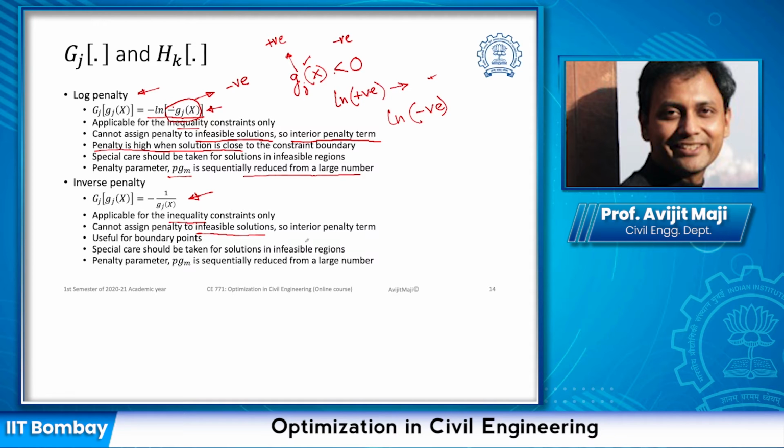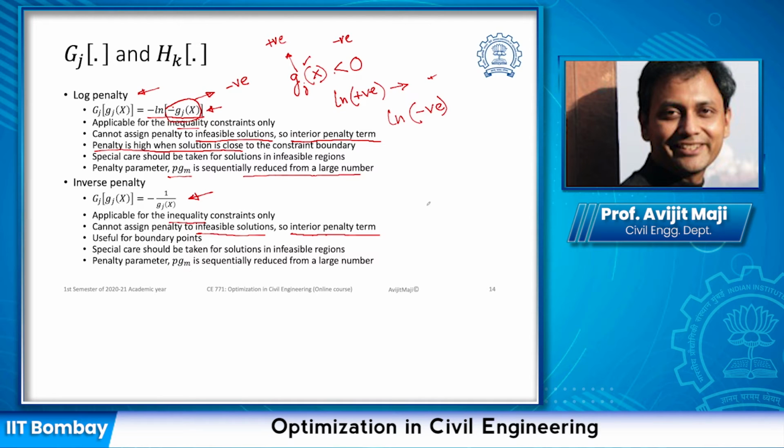It can only do it for the feasible solution, and for that reason we are saying it is an interior penalty term, and this is useful for the boundary points. So if it is close to the boundary points, that means we are going to get a higher negative value, and if we add that higher negative value to the objective function, it is further going to lower the overall objective function in case we are minimizing the overall objective function.